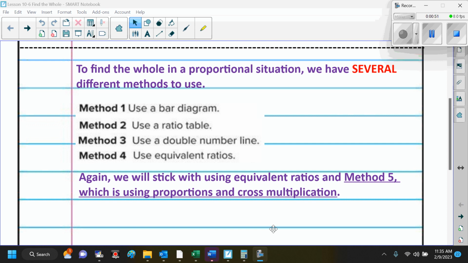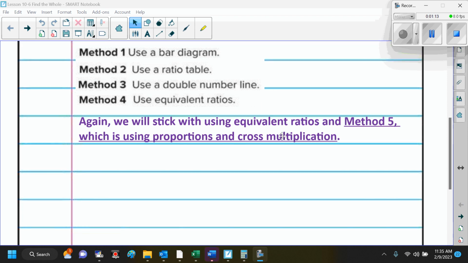So the most efficient way that we're going to use is cross multiplication, that's method 5, or you can use method 4, which is equivalent ratios. That was the one where we were multiplying or dividing to make equal fractions. Is everybody clear? All right.